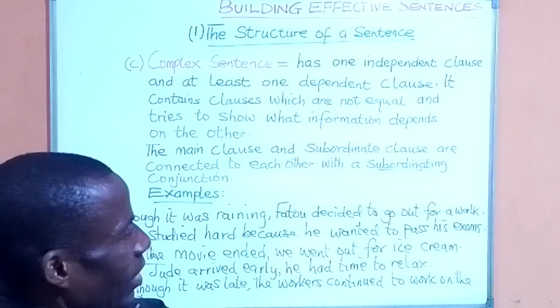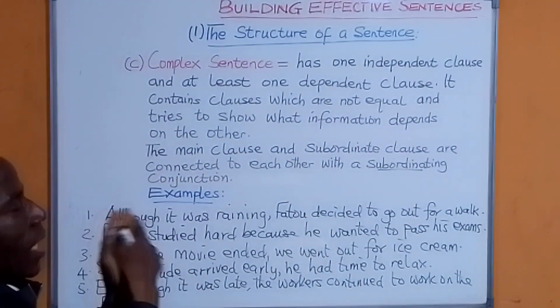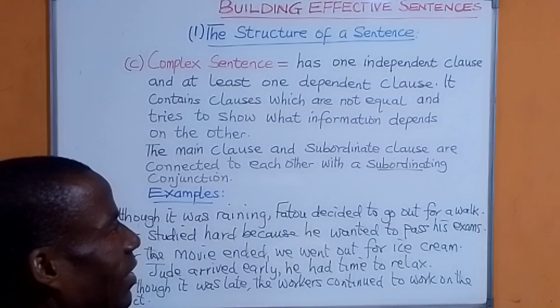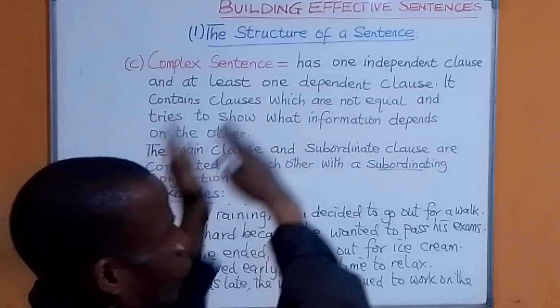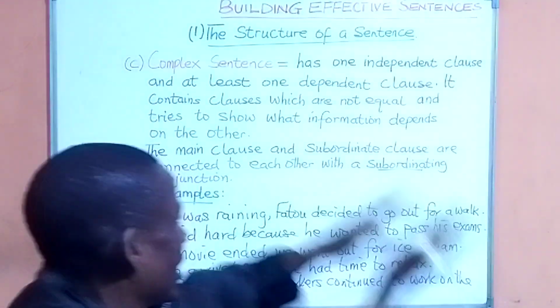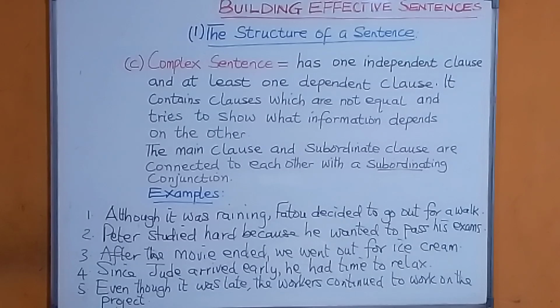You see one clause depending on another, where one clause exists as a result of the other. That is what we call a complex sentence: one independent clause and at least one dependent clause. But they are not equal, and it shows which information depends on the other.